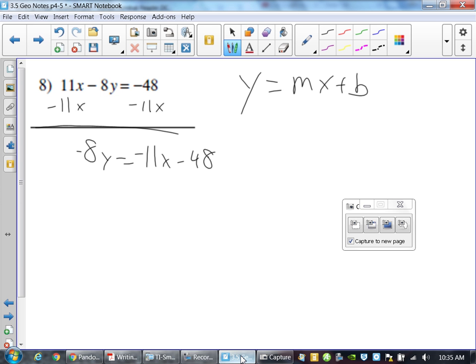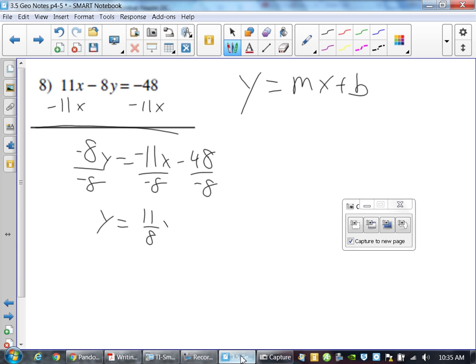And now to get the y all by its lonesome, what do you do to undo multiply? Divide everything by negative 8. I'm not subtracting here. I'm dividing. What's a negative divided by a negative? A positive.